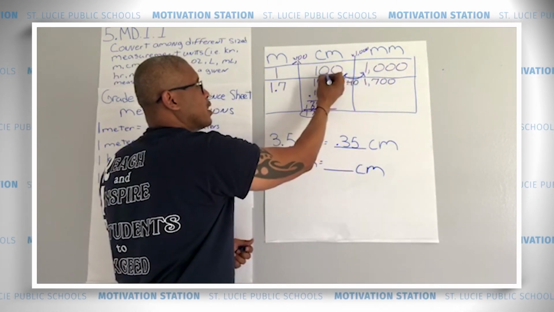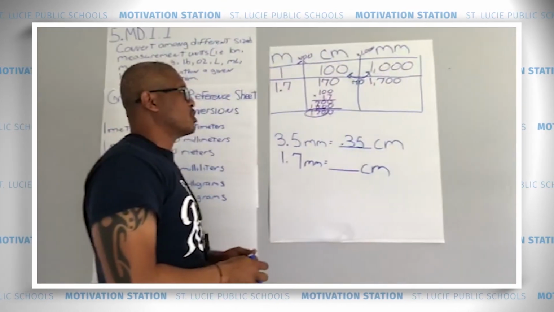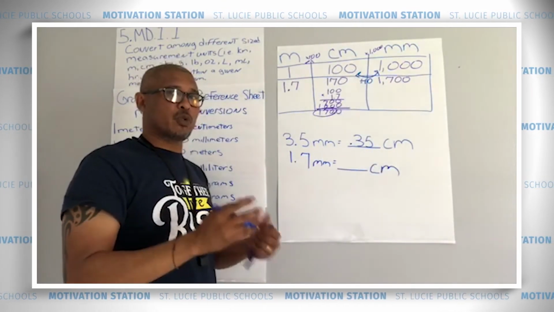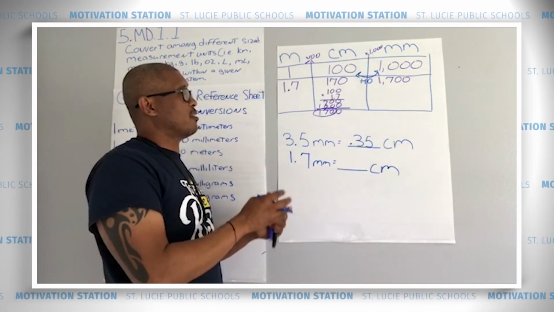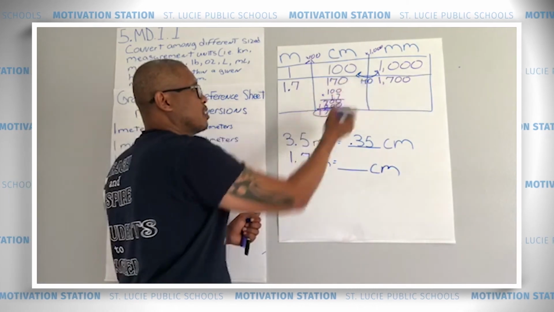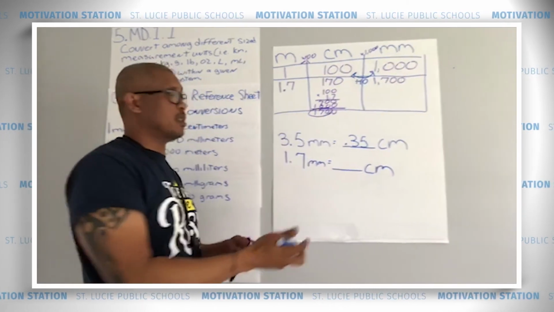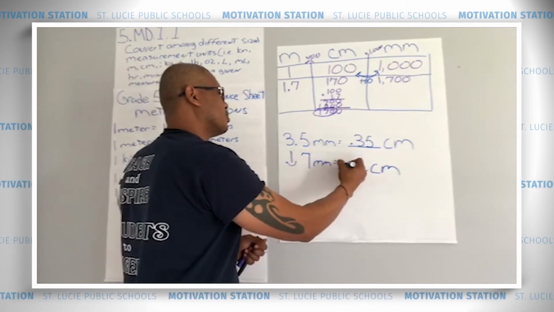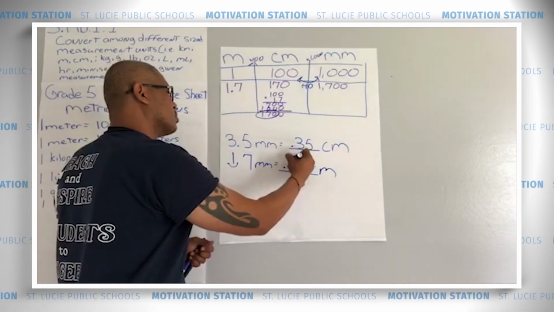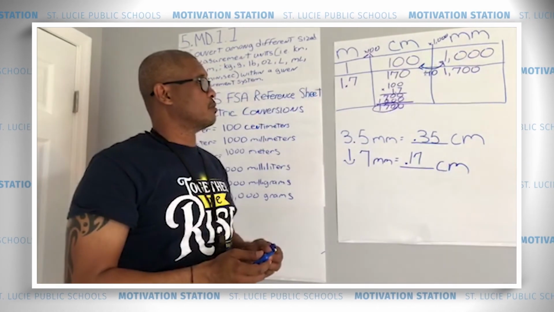Well, I know that 100 is 10 times less than 1,000. So if I'm using powers of 10, going from a smaller to a larger, I divide. I am dividing by 10. I'm going to move my decimal place one place to the left. 17 hundredths of a centimeter.